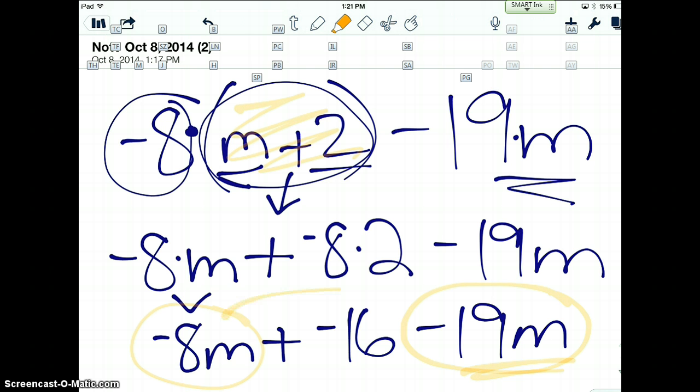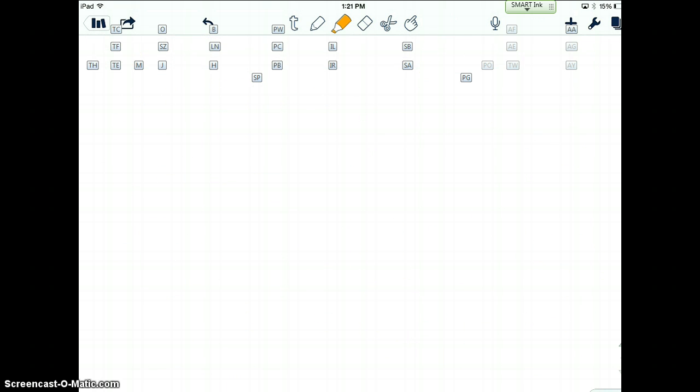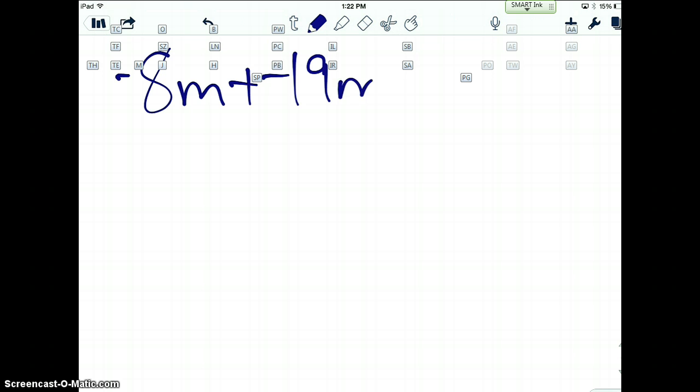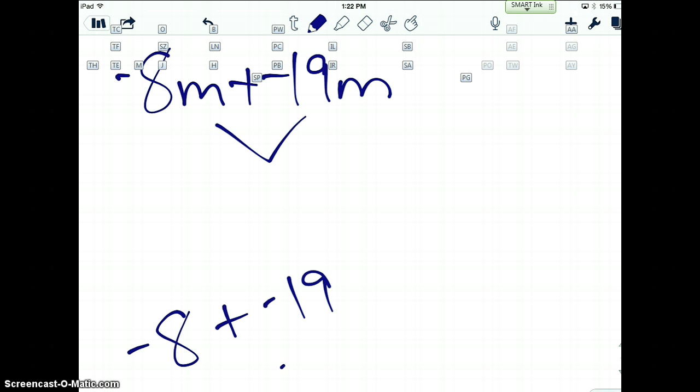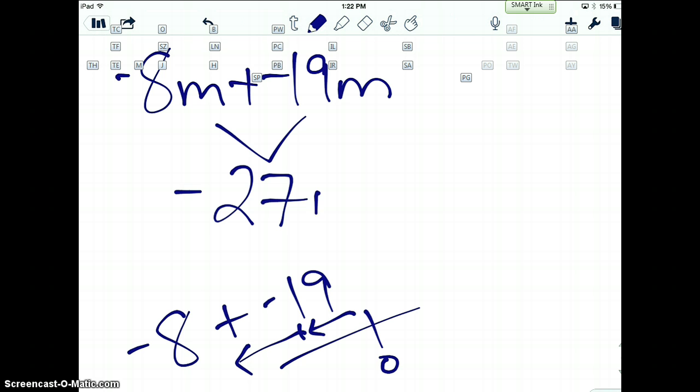So if we combine these together, since they are like terms, if we add -8m plus -19m, what are we going to get? So in your head, you're thinking -8 plus -19 on the number line. I'm going left. I think I'm turning around, but then I really just keep going. So I am at -27 m's. And is that my final answer?